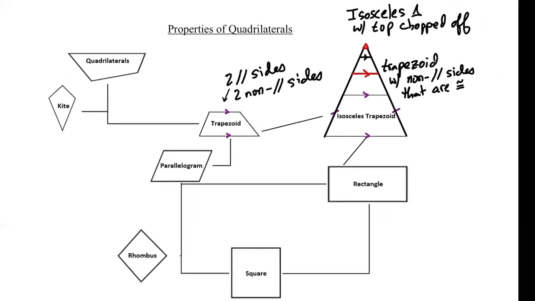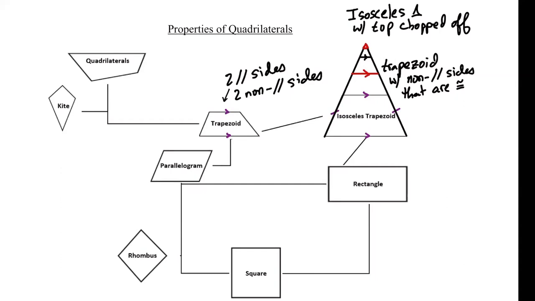So that's the idea of an isosceles trapezoid. But if you wanted to, you could actually apply that approach with an ordinary trapezoid. Anytime you create parallel lines, it's going to create more and more of those trapezoids that are smaller and smaller and smaller. All right. The parallelogram is a quadrilateral.